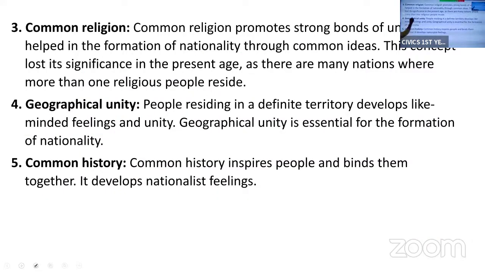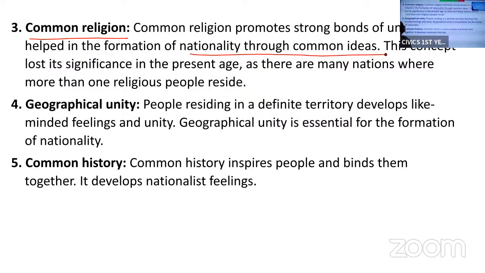Next is common religion. Common religion promotes a strong bond of unity among the people in the formation of nationality through common ideas. In present day, it has lost its significance. Now we don't give importance to it, but nations are formed on the basis of religion.